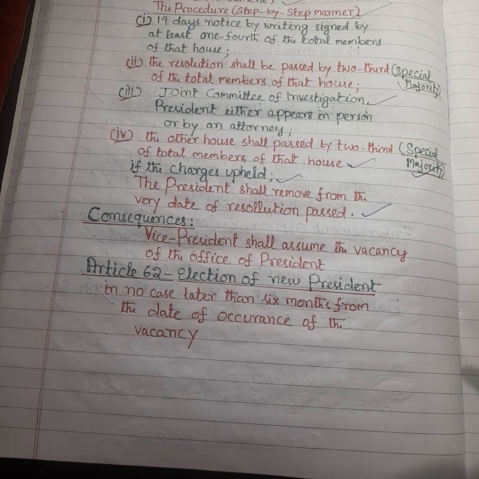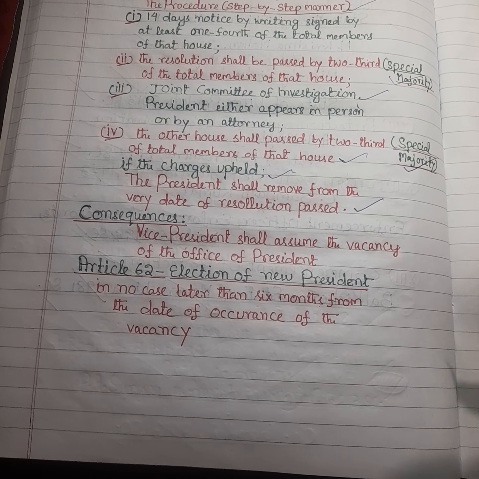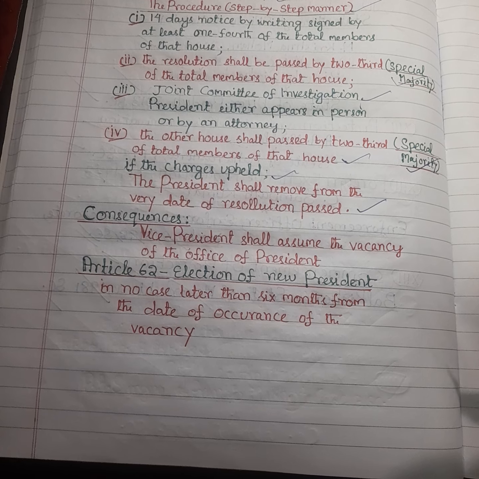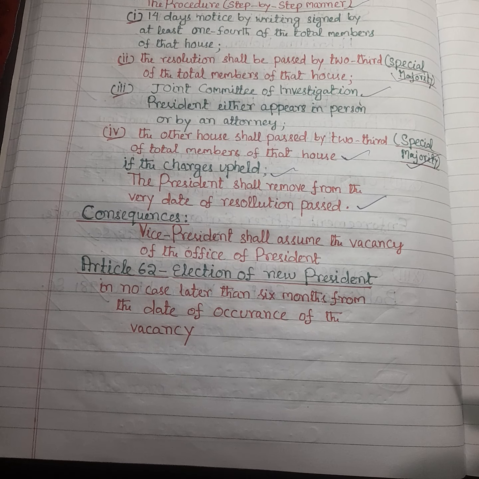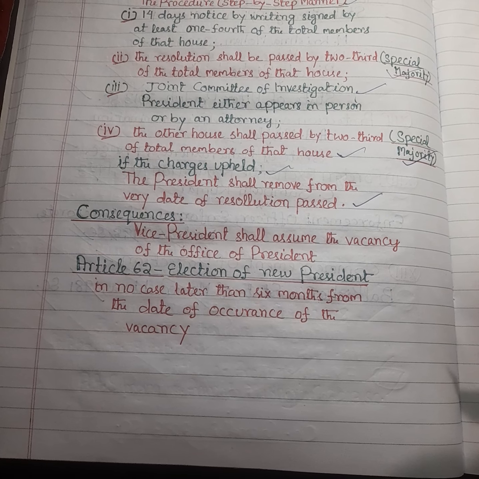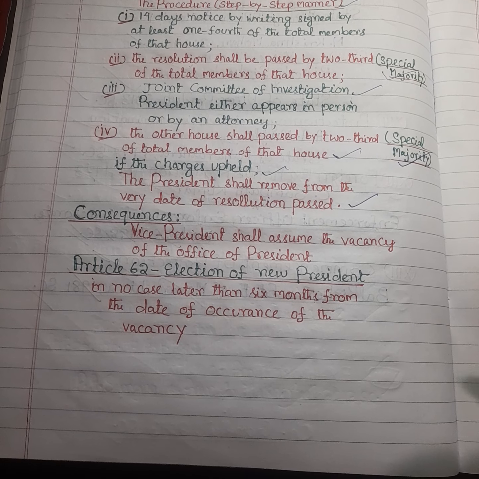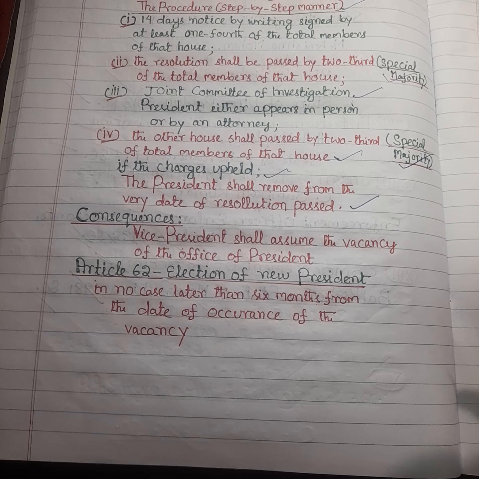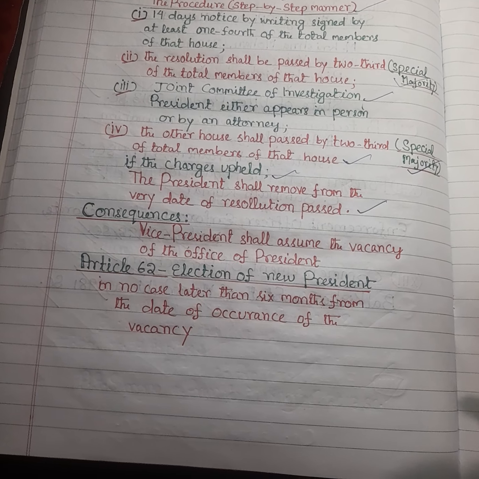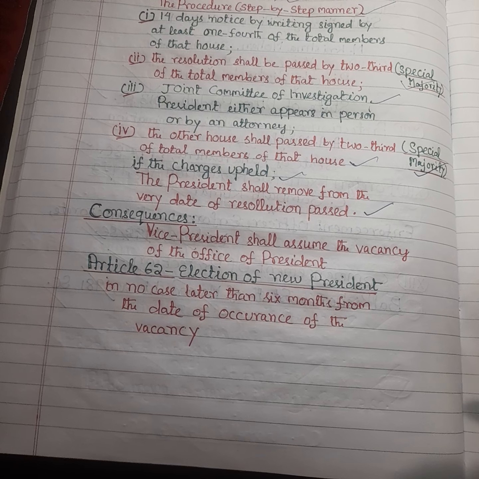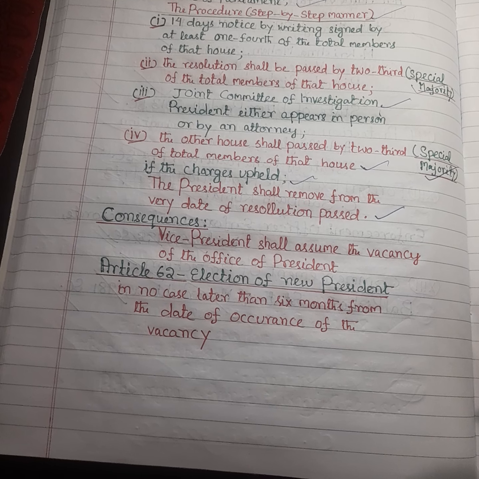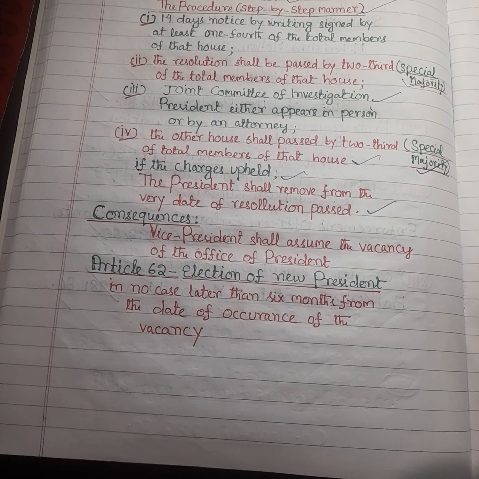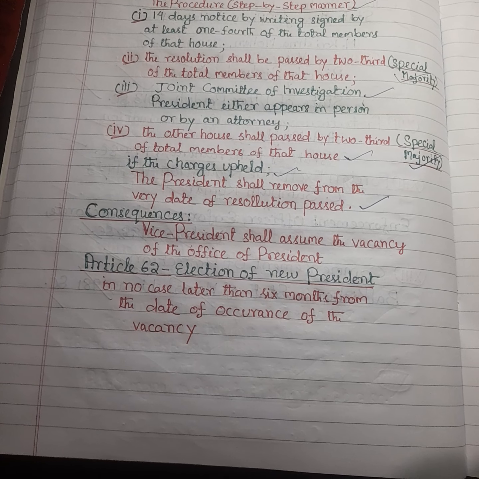So, in the first step, either the lower house or the upper house can give a 14 days notice in writing, signed by at least 1/4 of the total members of that house, and that resolution making the allegation that the President of India violated the Constitution shall be passed by two-thirds of the total members of that house, which is considered a special majority.